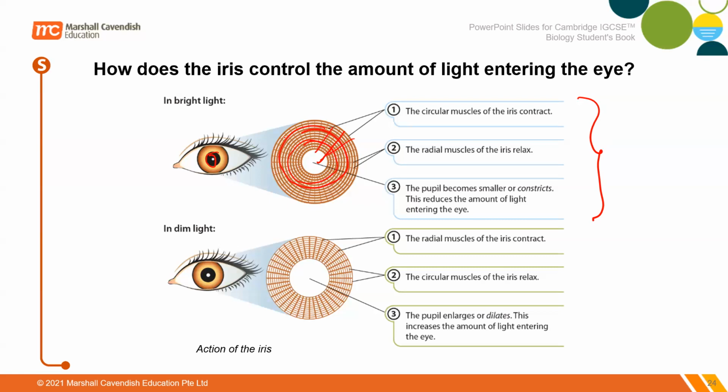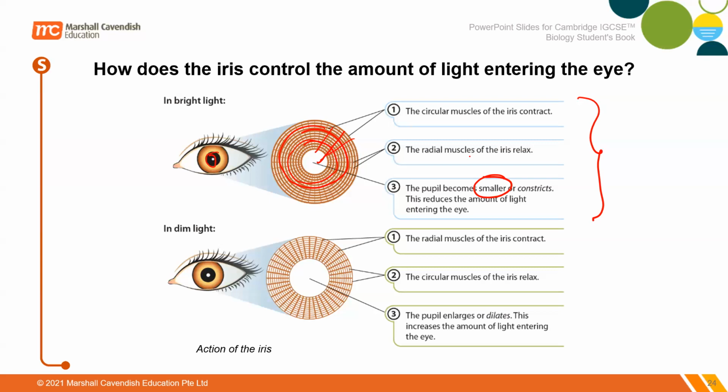And the pupil will be constricted. I don't like smaller, but if you forgot the word constrict, you can write smaller instead. Why? To reduce the amount of light entering the eye. Why? To protect the inner structure inside the eye.